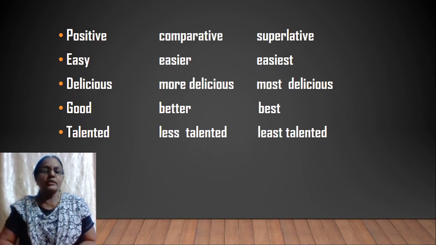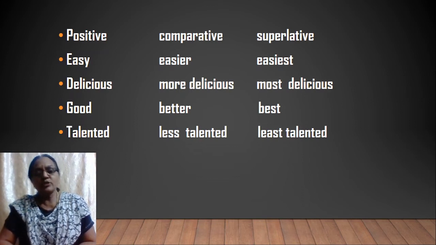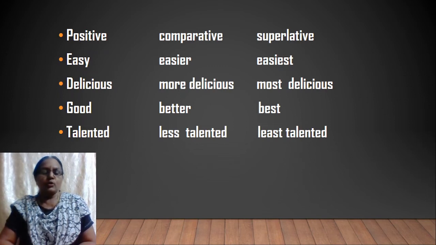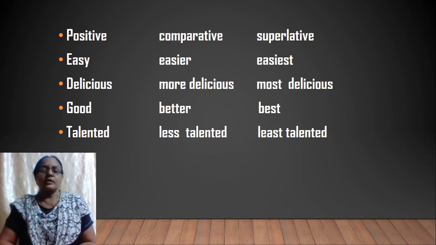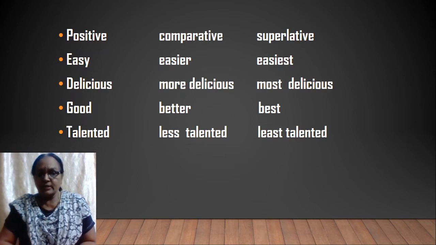Come to the word delicious. Comparative form of delicious is more delicious and most delicious. Third one, good. Comparative form is better and superlative form is best. The fourth one, look at the fourth one. It's talented. The comparative form of talented is less talented and superlative form is least talented.